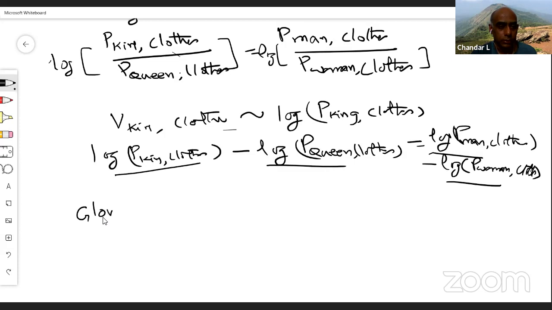So now the GloVe vector is defined as the logarithm of P. I shouldn't call it king any longer.